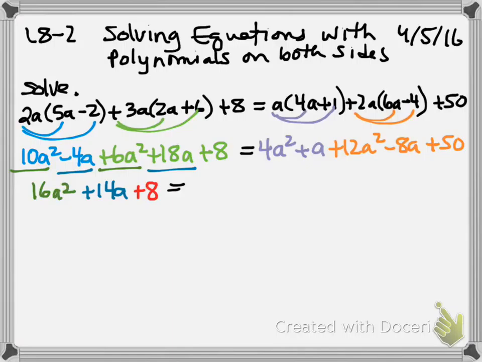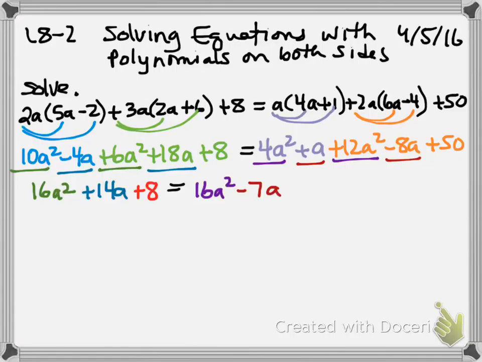Then we go to the other side, and I think you might see something interesting happen. I have 4a squared and a 12a squared for a total of 16a squared. And then we have an a and a negative 8a. Signs are different, so I'm going to subtract. Bigger number is negative, so I get negative 7a. And then there's the plus 50.